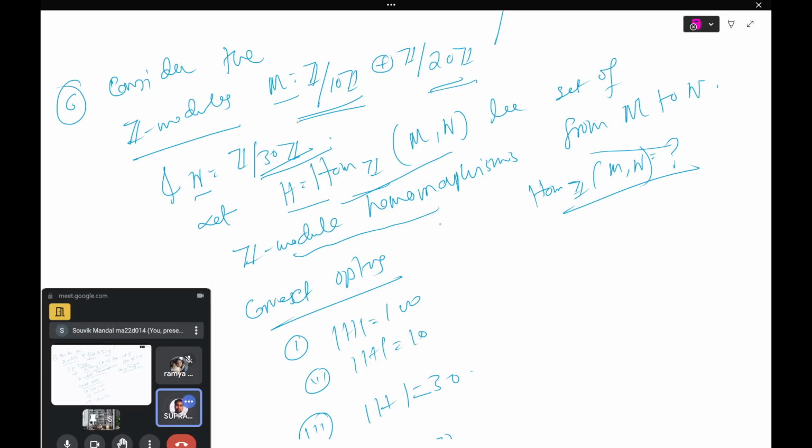I am just intuitively thinking that it must be mapped to Z30. So a unit of M must be chosen to 30. Okay, anyway, the answer is not 30. Now think in some different way.